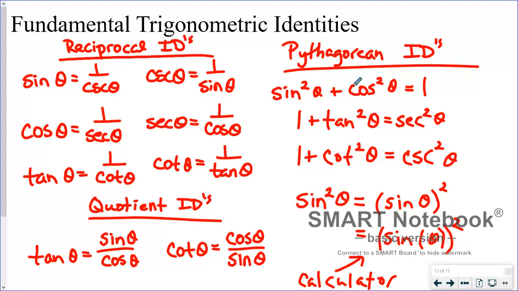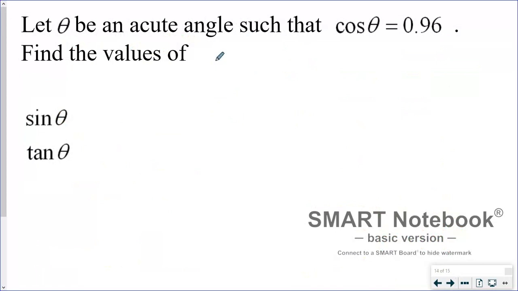Here, I have cosine. I'm looking for sine, and that's my only missing piece. So let's go ahead and use this one first. I'm going to say sine squared theta plus cosine squared theta is equal to 1.